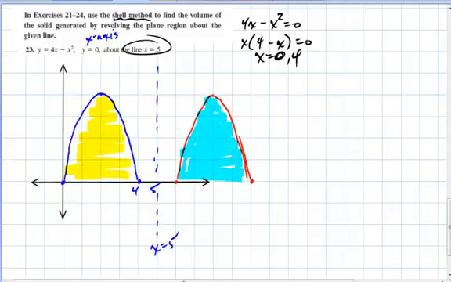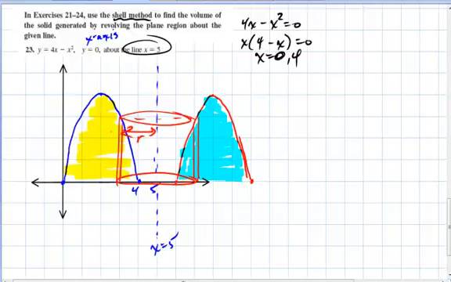And then you've got to do the shell method here. So let me do a cross section here to show you a typical shell. Okay, there's my shell. My radius is seen here. There's my radius. Here's my height. My height is a y value given by this function here. Thickness is dx here.